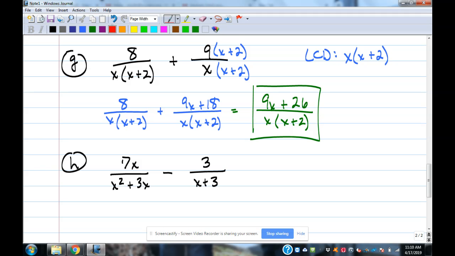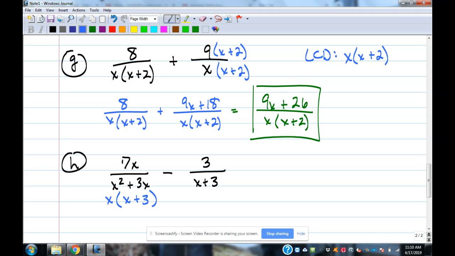It has an x squared in it, and anytime we see kind of a polynomial looking thing in the denominator, we want to think about factoring that. So how does the bottom part factor? They have a GCF of an x, so I'm going to pull that out, and that leaves what in parentheses? X plus 3. Oh, wow. Well, that matches that, right?